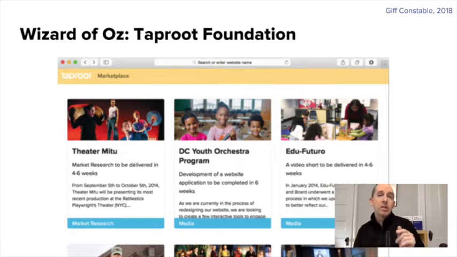But they were smart. Even though they had been doing this for a long time, even though theoretically they were experts in what they were doing, they knew that because this was going to be a new customer experience, they didn't know everything. They wanted to call into question their assumptions. So one of the first things we did was create a Wizard of Oz, where there was a website that was built, but we built it very fast in just a couple days because the entire back end was fake.